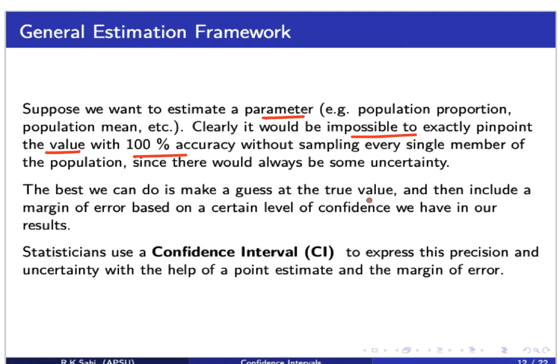And there's always going to be uncertainty. So what we do is, let's make a guess of a true value. And when you're making a guess, that will include a margin of error based on a certain level of confidence. This level of confidence incorporates the uncertainty. So how does a statistician work with these problems? They use something called a confidence interval. This confidence interval expresses the precision and uncertainty with the help of a point estimate and the margin of error.